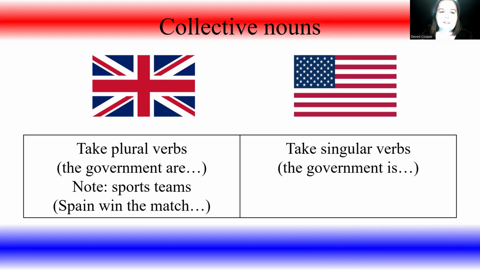So in British English, it often takes plural, where you might say something like the government are doing XYZ, or a sports team, like Spain win the match. Whereas in the United States, we tend to take singular verbs. So we say the government is doing something, or the US soccer team wins the match, right? So that is one particular difference.